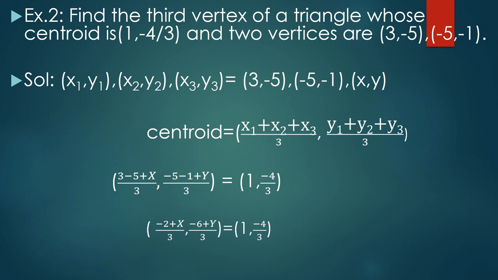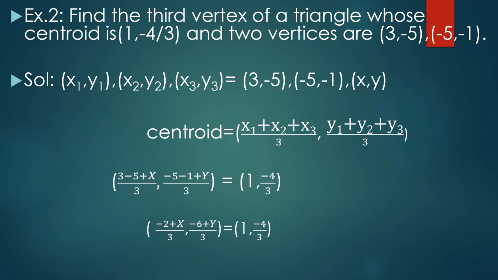The centroid is (x1 plus x2 plus x3) by 3, (y1 plus y2 plus y3) by 3. Substituting these values, we get (3 minus 5 plus x) by 3, (-5 minus 1 plus y) by 3, which is equal to (1, -4/3), the centroid given in the problem.